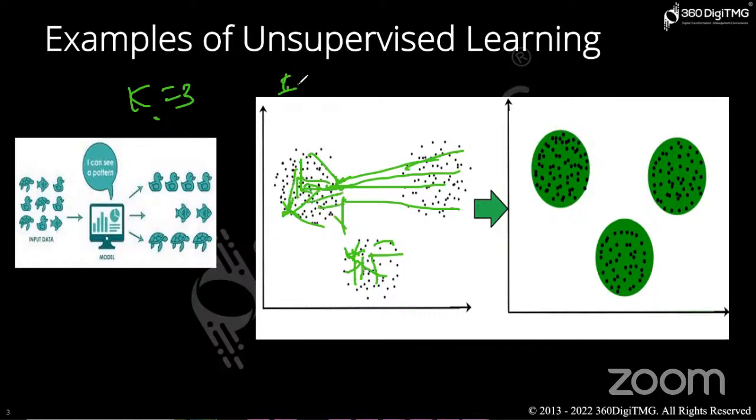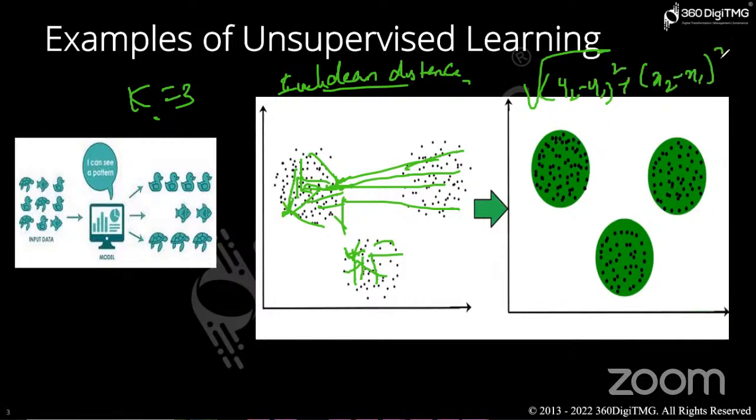What is the distance here? It is the Euclidean distance. We'll be using Euclidean distance: y2 minus y1 whole square plus x2 minus x1 whole square. Don't wonder, previously I wrote x2 minus x1 first, now I'm writing y2 minus y1 first. It is pretty much the same.